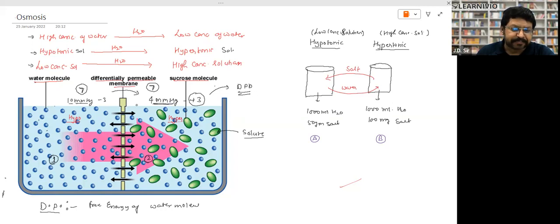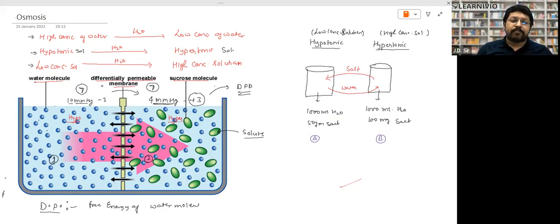So what happened? Now, this sucrose molecule cannot cross through this semi-permeable membrane. Otherwise, the sucrose molecule would have gone from cell number 2 to cell number 1. But this is not possible because they cannot cross through the semi-permeable membrane. So water will start moving from hypotonic solution to hypertonic solution until the concentration on both sides becomes equal. The water will keep on flowing, right?